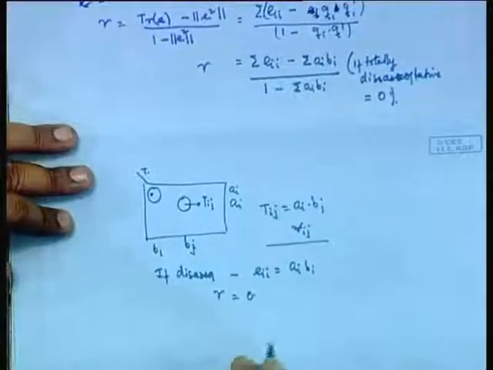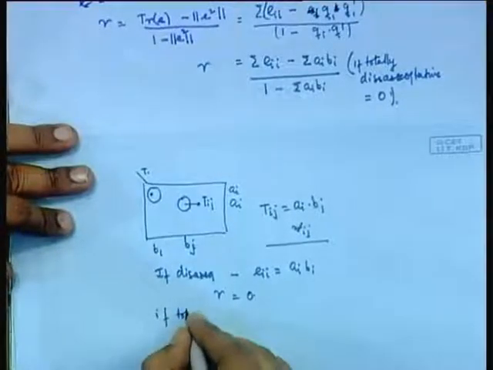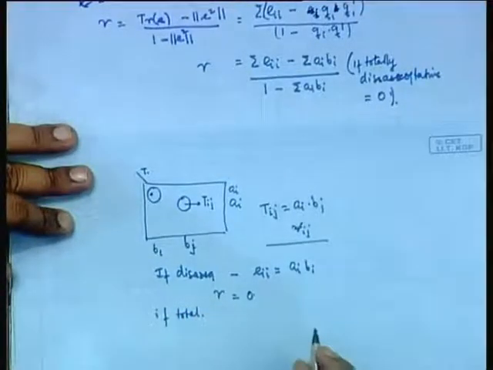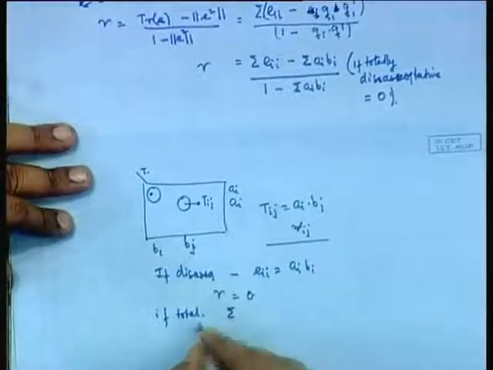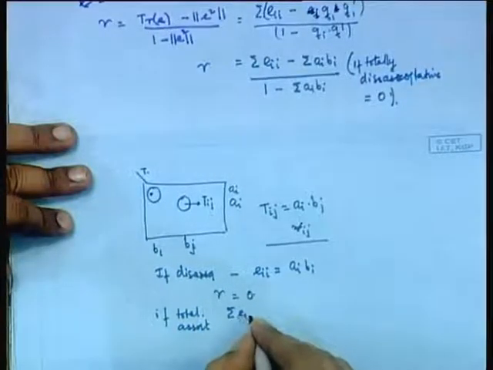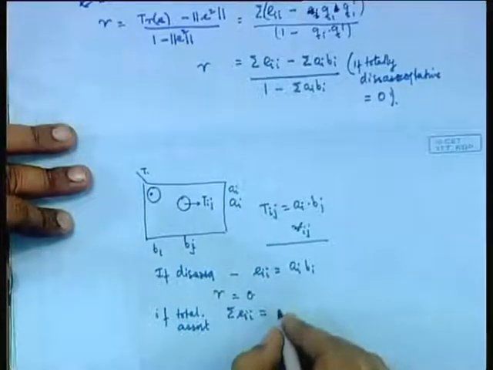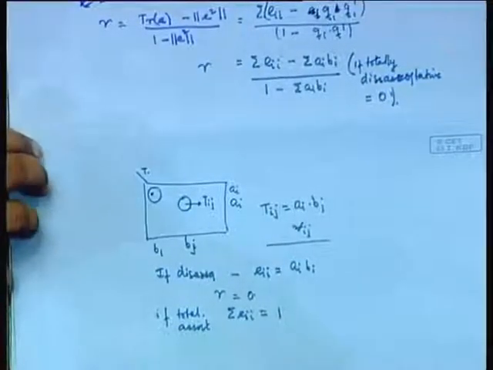And if it is totally associative, then what happens? The summation of E_ii becomes 1.